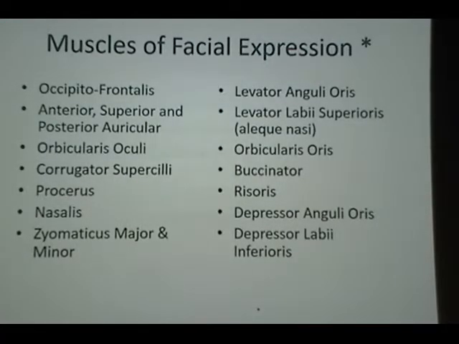Okay, so muscles of facial expression. Once again, these muscles, from the standpoint of their motor innervation from the facial nerve, the motor component here is special visceral efferent, okay? Special visceral efferent. These are muscles that develop from the second branchial arch. They all have a proprioceptive feedback that's GSA, okay?